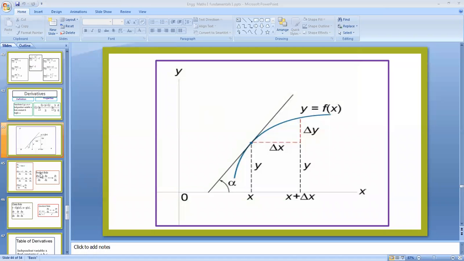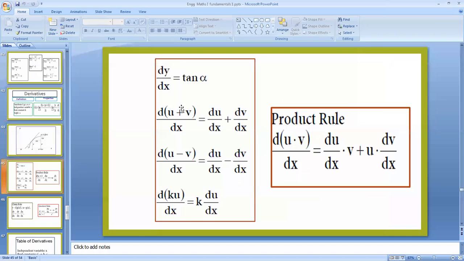Here in differential, some results are there. First, the derivative of a sum of functions, where u and v are functions of x. The differential of a sum of functions is equal to the sum of their differentials. That is, d by dx of u plus v is du by dx plus dv by dx.